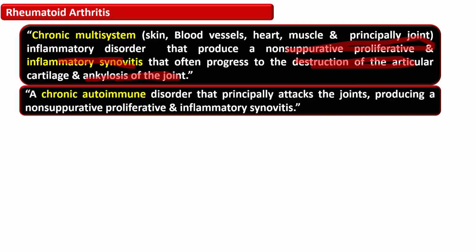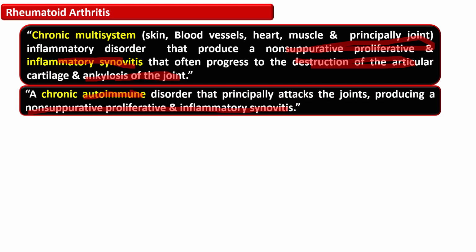Or simply, we can define this as a chronic autoimmune disorder that principally attacks the joint, producing a non-suppurative, proliferative, and inflammatory synovitis. As it is a multi-system disease, both the joint and the extra-articular sites are affected.